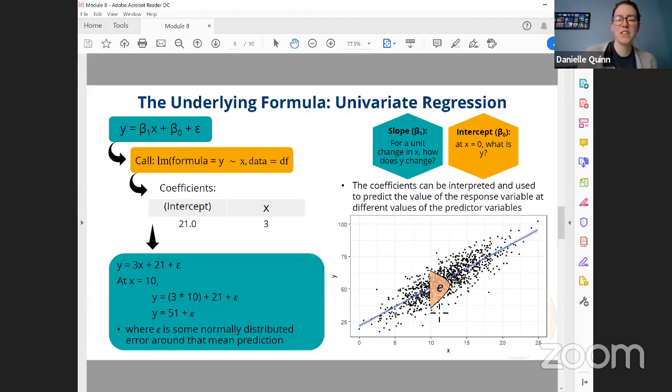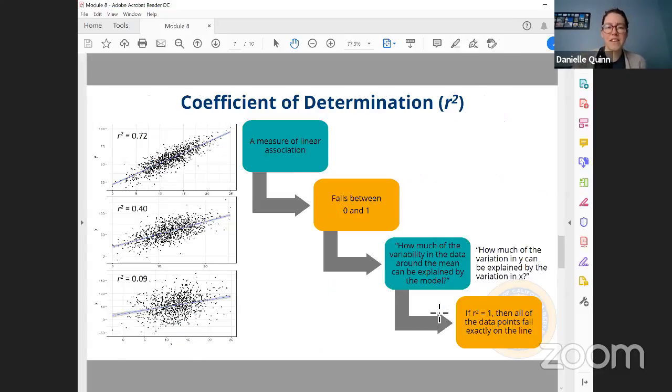So when we're doing linear regression, and really any type of regression, any type of modeling, it's really important that we have some quantifiable way to measure how well our model does. So we can't just look at it and say, well, it looks like that line goes through our points pretty nicely, that's probably okay. We actually need to quantify that. So in linear regression, one of the most common ways to quantify how well a model fits is by measuring the coefficient of determination.